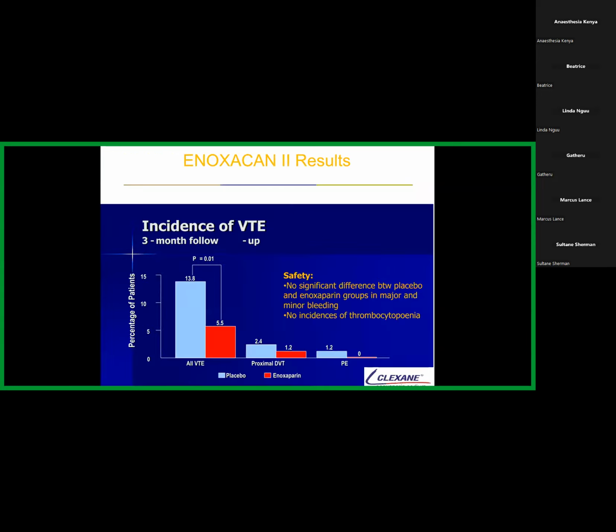And these were the results, and you can see that for all these indications, Clexane did very well, and the risk was really reduced for patients on Clexane as compared to those using unfractionated heparin. Patients who came back presenting with PE were 0 in comparison to 1.2 with the placebo.